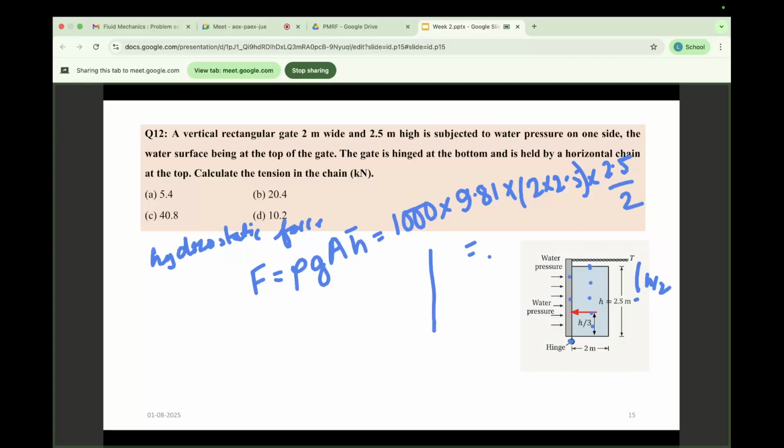So you just use your calculator to find out this value. Tell me what is the value. Anyone got this value?